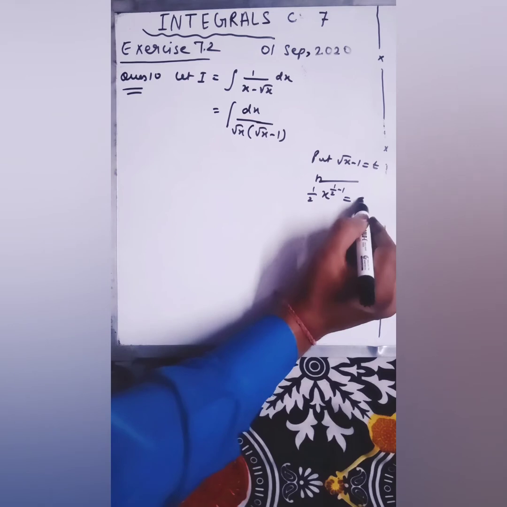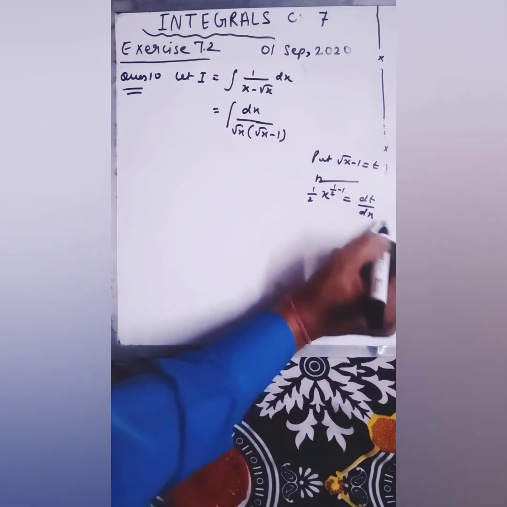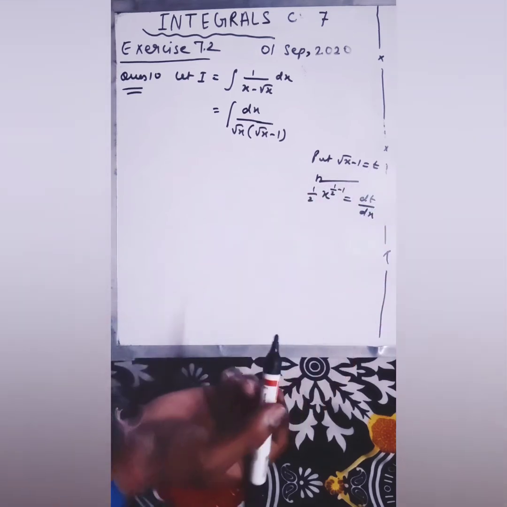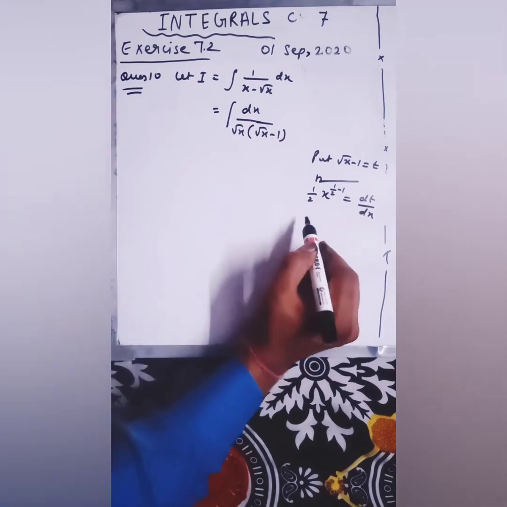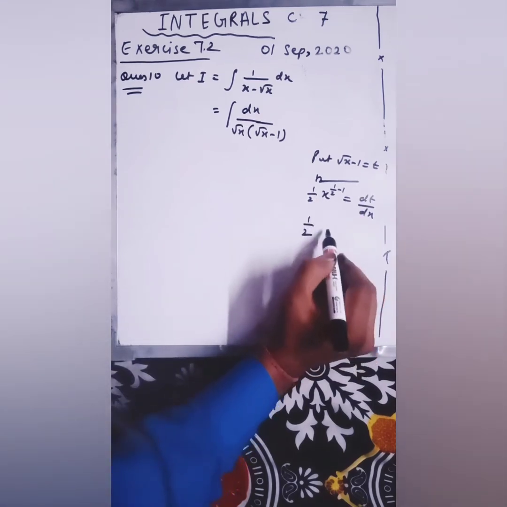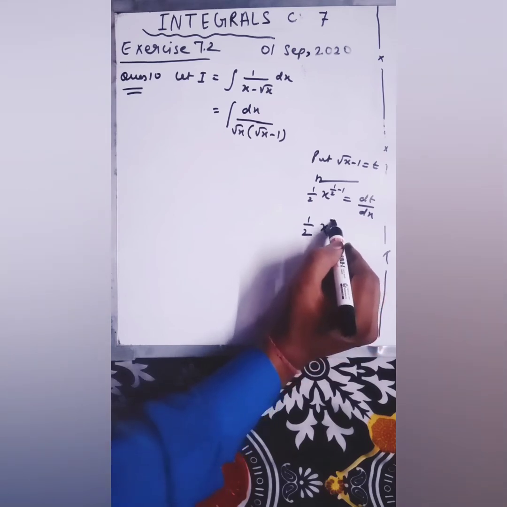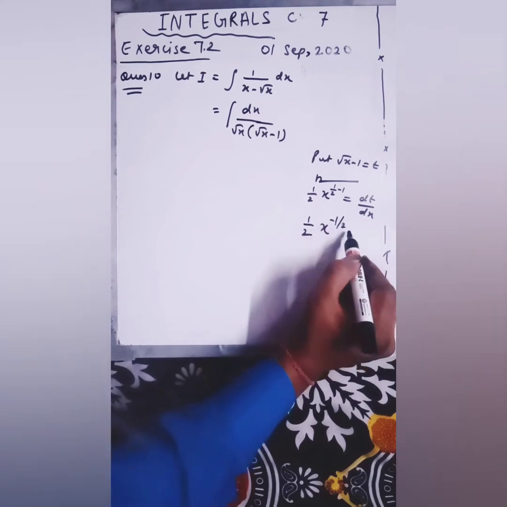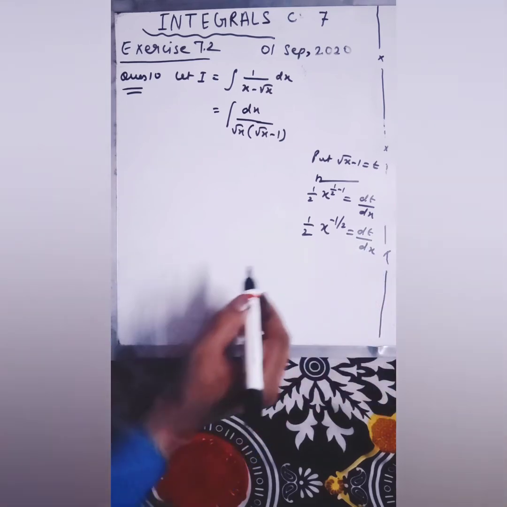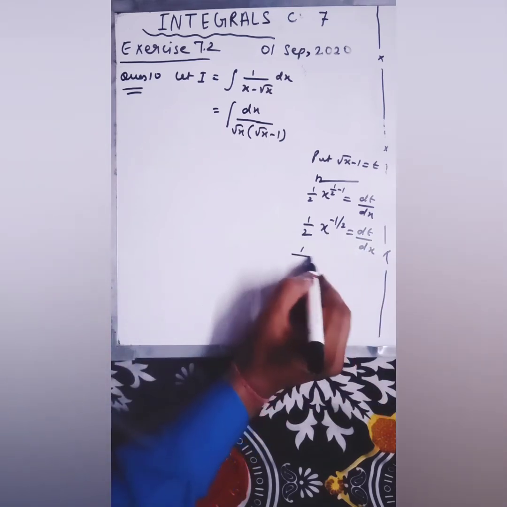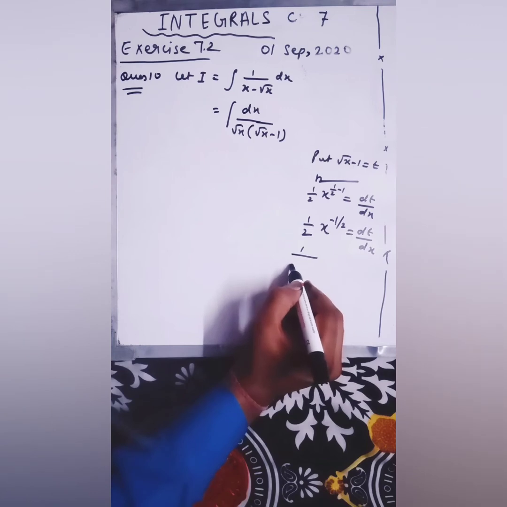That is equal to dt by dx, because the derivative of 1 will be 0, because it's a constant. So now it is 1 by 2, and here it is x raised to power minus 1 by 2. That is equal to dt by dx. So this can be written as 1 by root x.